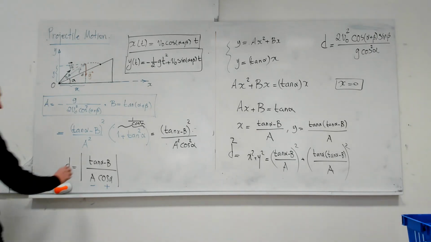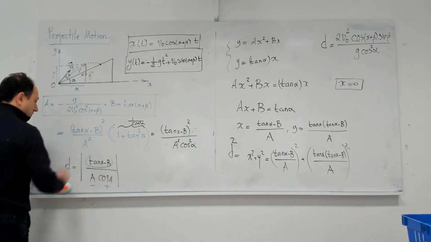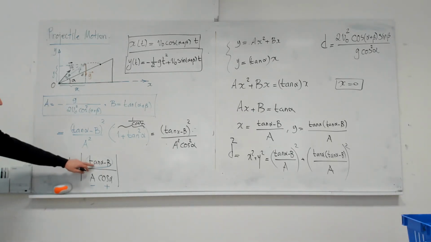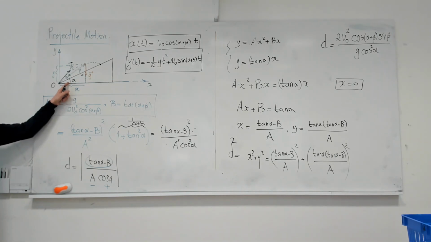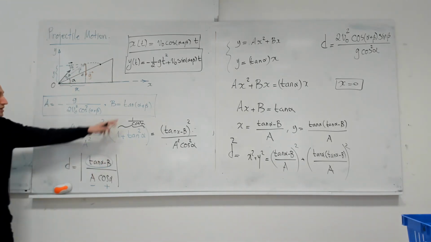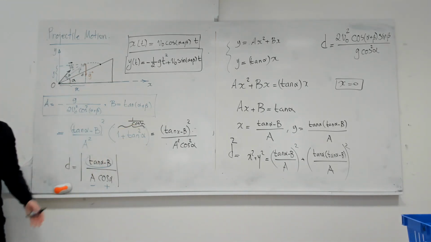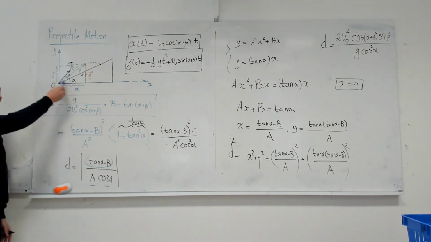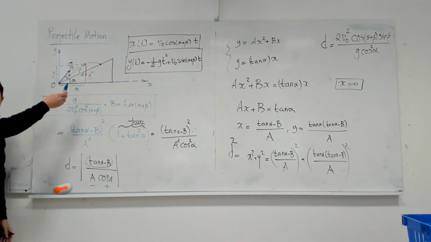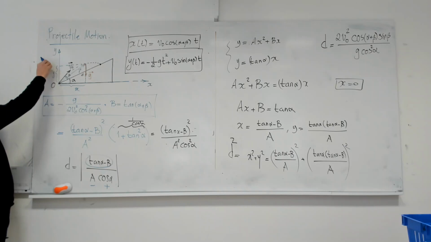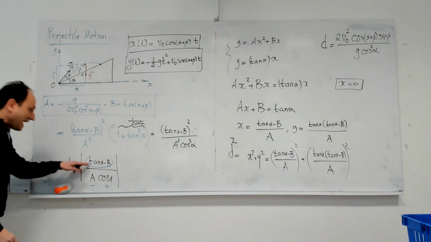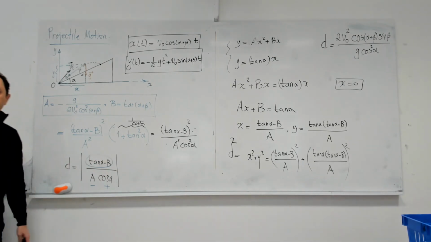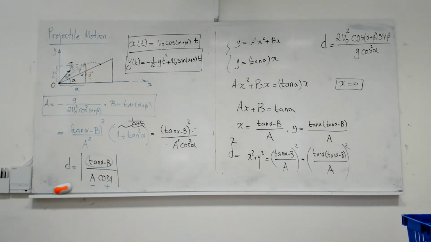The numerator. Of course if I ask you what is tangent of alpha, you say it's positive, because alpha is in the first quadrant. If I ask you what is tangent of alpha plus beta, it's still positive, because alpha plus beta is still less than 90 degrees. If it is bigger than 90 degrees, you are shooting in that direction. But tangent alpha minus tangent of alpha plus beta, positive or negative?